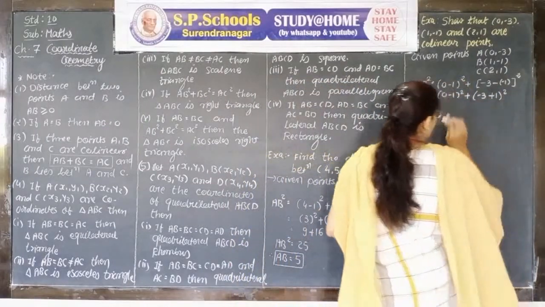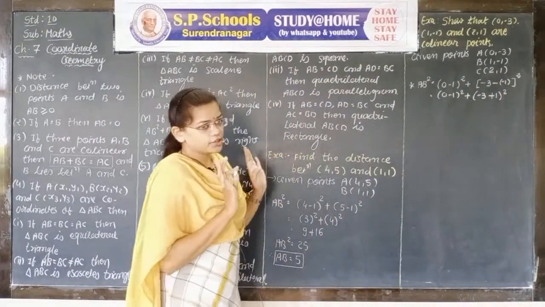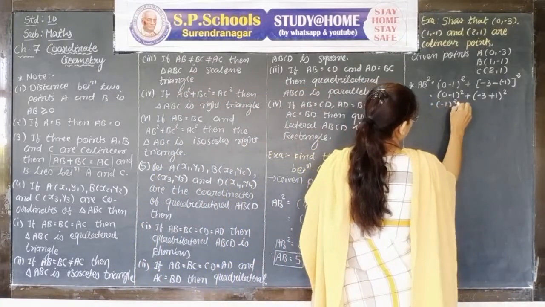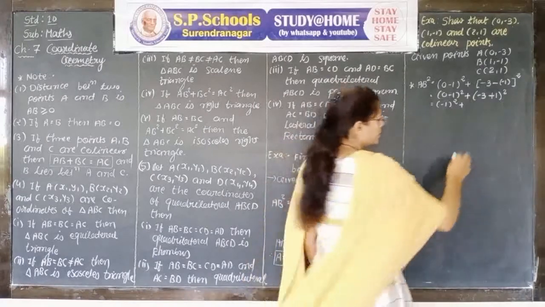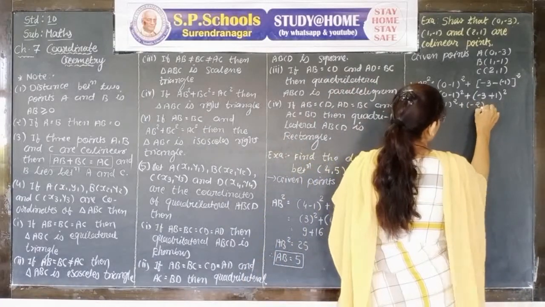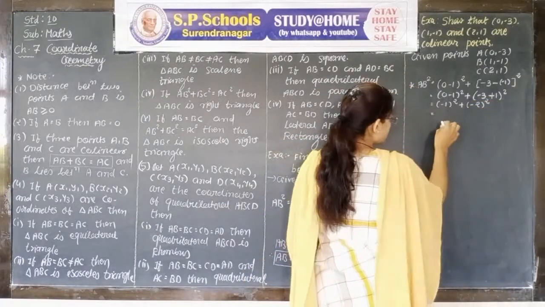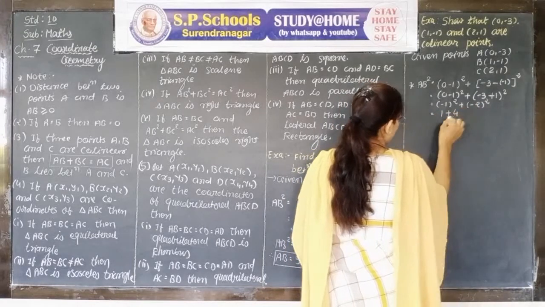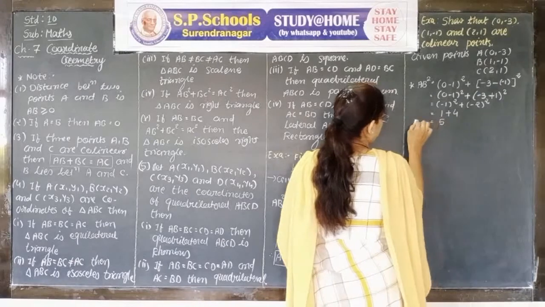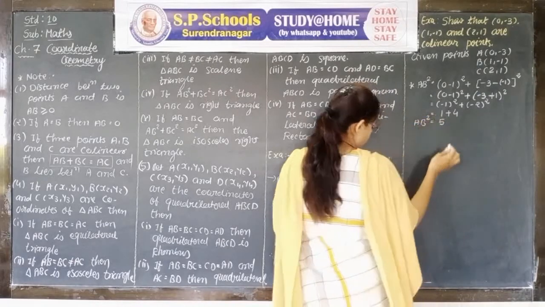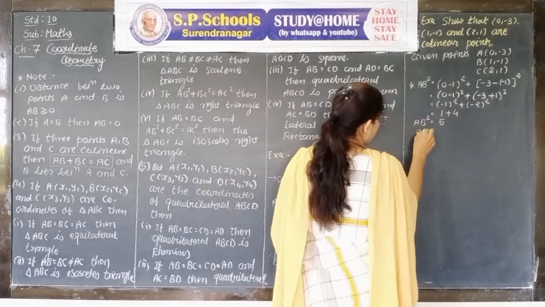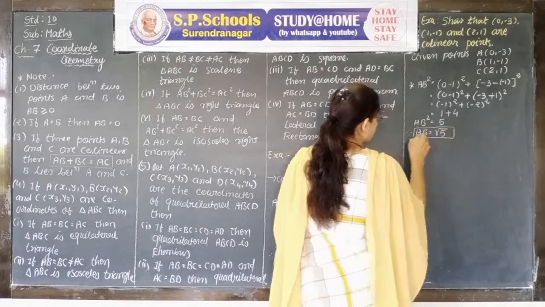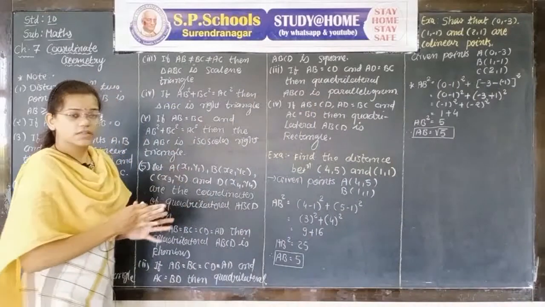The first step is not useful and not compulsory. 0 minus 1, which is minus 1 square, plus minus 3 plus 1 is equal to minus 2 square. Minus 1 square is equal to 1, plus minus 2 square is equal to 4. 4 plus 1 is 5. AB square is equal to 5. That's why AB is equal to root 5.